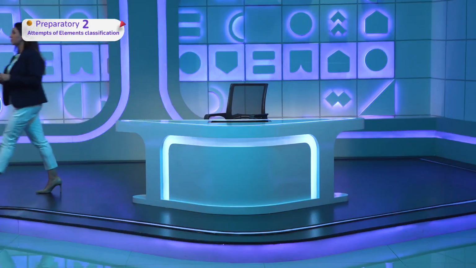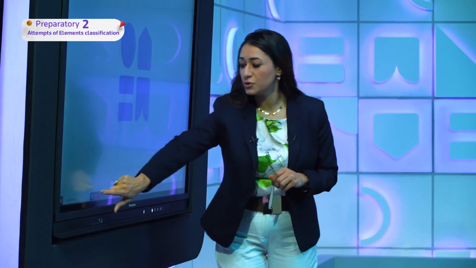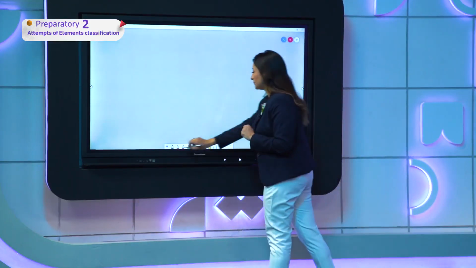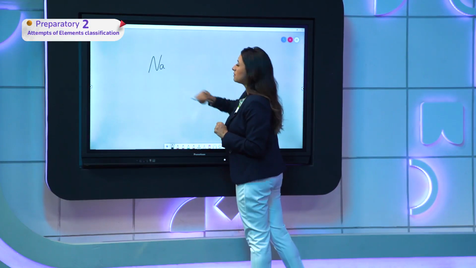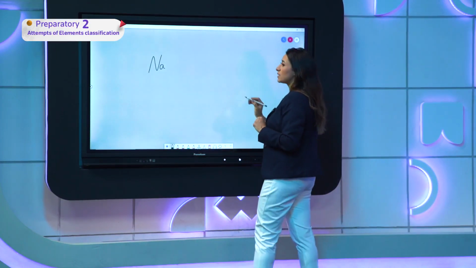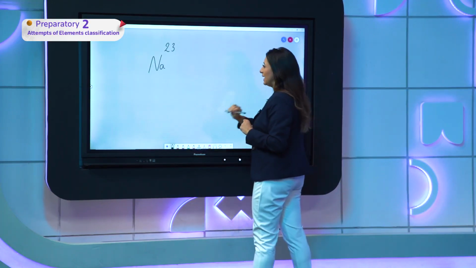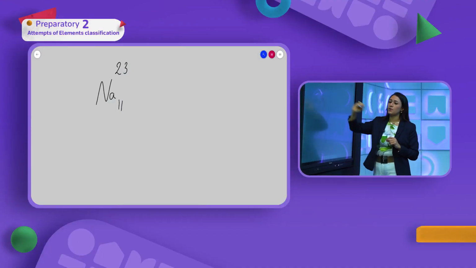Let's look here and see what's meant by electronic configuration. For example, if I took sodium, it is written like this, Na, okay? There's always a number written above the element, 23 for example, and its atomic number is 11. But what does this number represent?